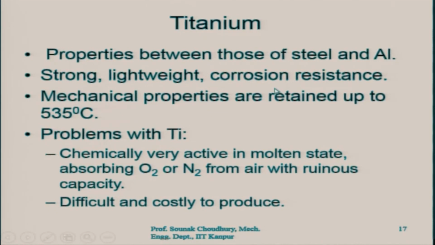Otherwise, corrosion, in the long term, will destroy the part. It goes into the material and destroys the part, it reduces the strength and finally it can actually break. Mechanical properties are retained up to 535 degrees centigrade, particularly the hardness.